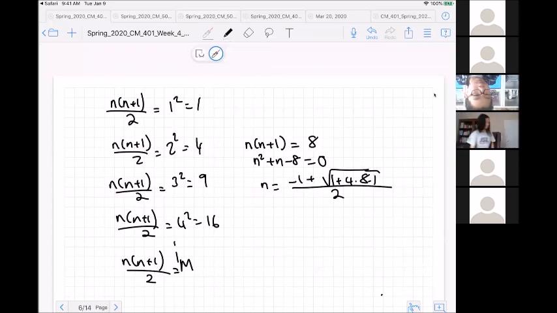But this is not an integer. So we can see that it's not going to work, right? Is that okay? I hope that makes sense.